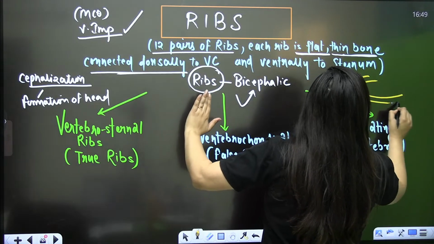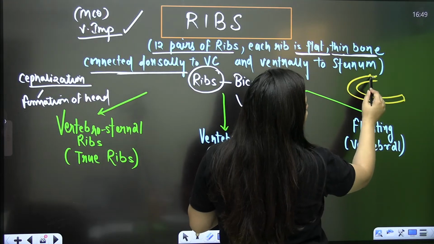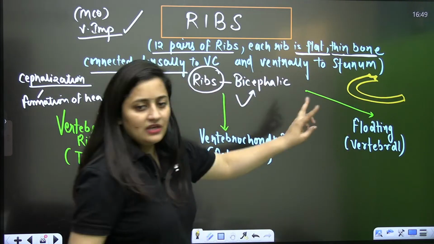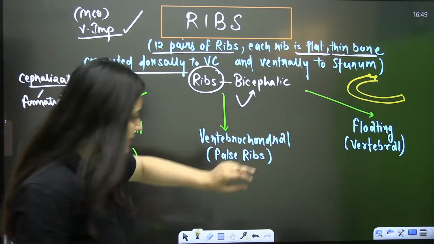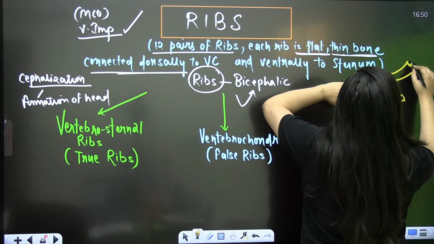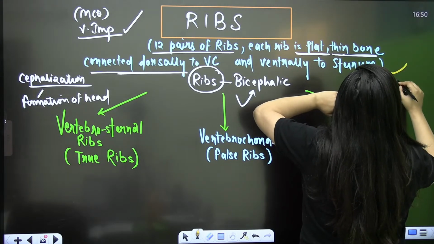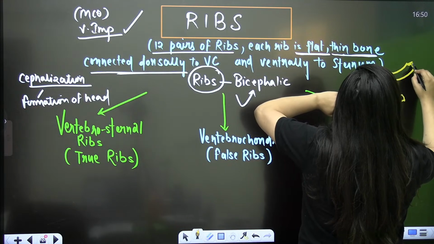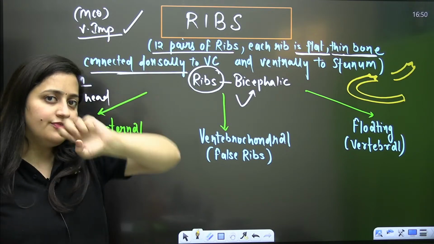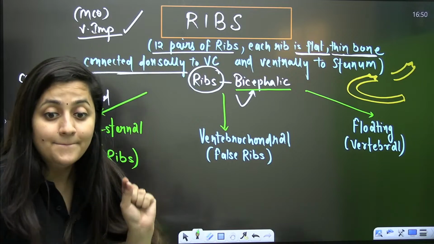So when you look at the ribs, they have two heads, or you can say two sides for the attachment. That's why we use the word bicephalic.